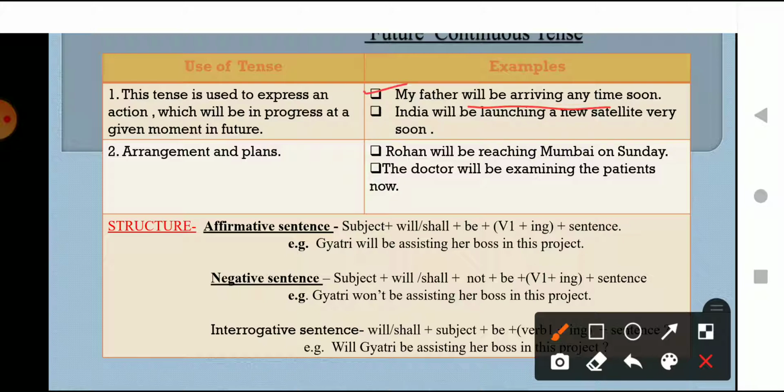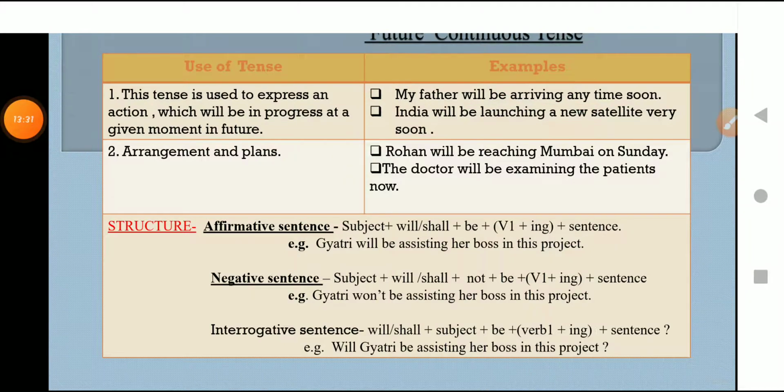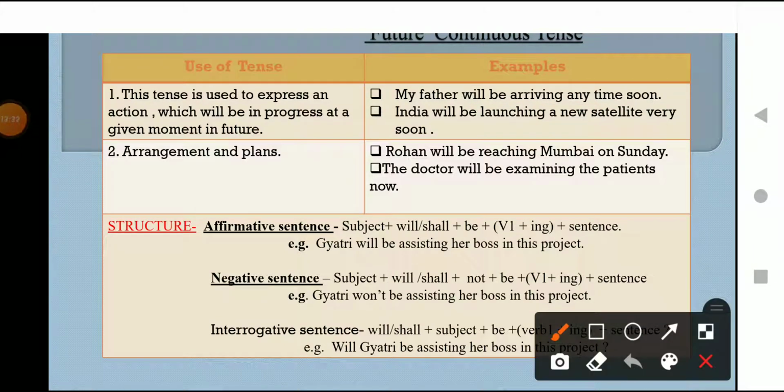So the sentence here: my father will be arriving anytime soon. Arriving is an action which is going to happen in the future, and it will take part in a progressive way. Let's see another example. India will be launching a new satellite very soon.